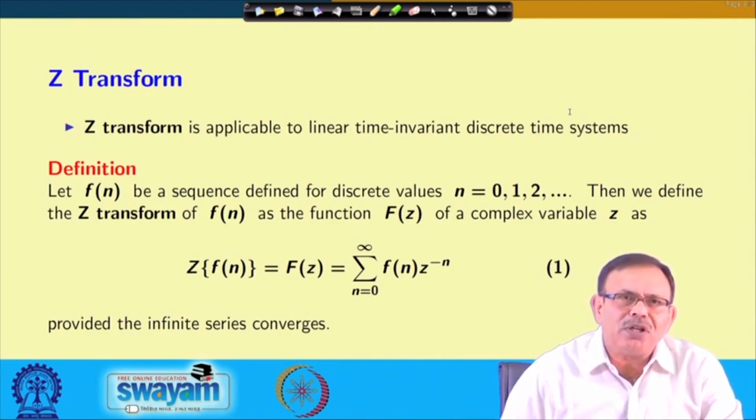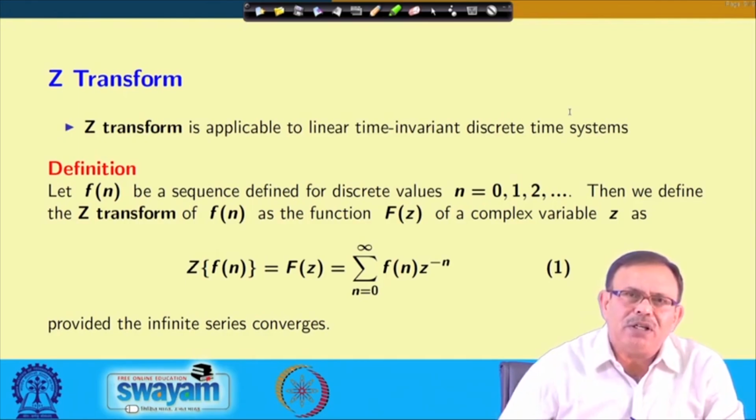So, please note that z transform of a function f n, where f n is a sequence defined for discrete values of n equals 0, 1, 2 like this, is: Z transform of f n equals summation n equals 0 to infinity f n z to the power minus n.